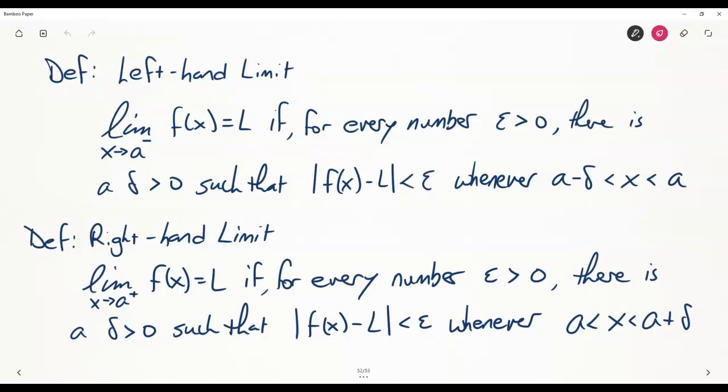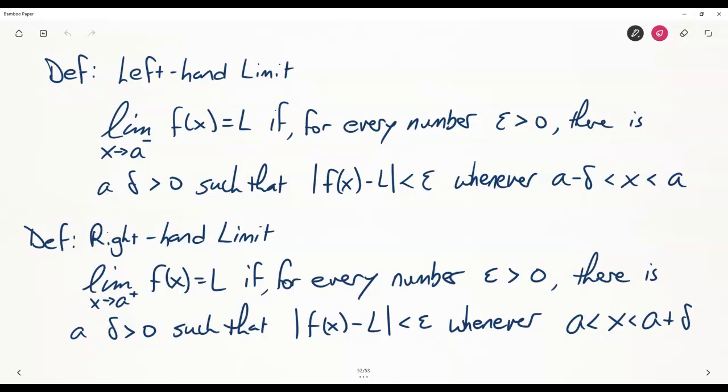Just like there is a two-sided limit that we saw in section 2.2, there is a precise definition for left-hand limits and right-hand limits. Now, I'm just giving you these definitions for completeness. If I ask you a problem on a worksheet or on a test, I'm going to be asking you the two-sided problem.